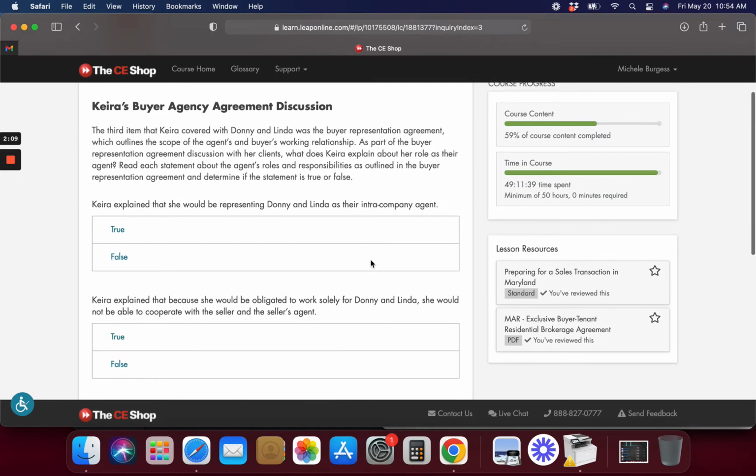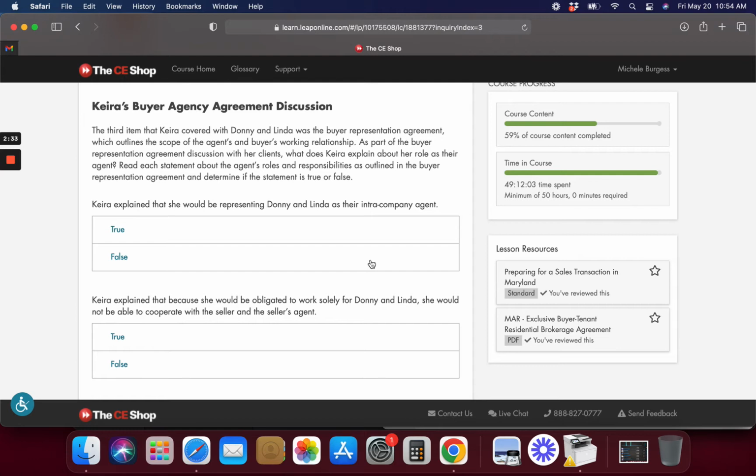Okay, Kira's buyer agency agreement discussion. As part of the buyer representative agreement discussion with her clients, Kira explains about her role as an agent. You read each statement about the roles and responsibilities in the buyer representative agreement and determine if it's true or false.